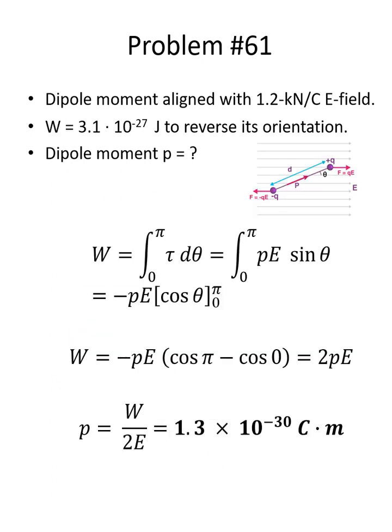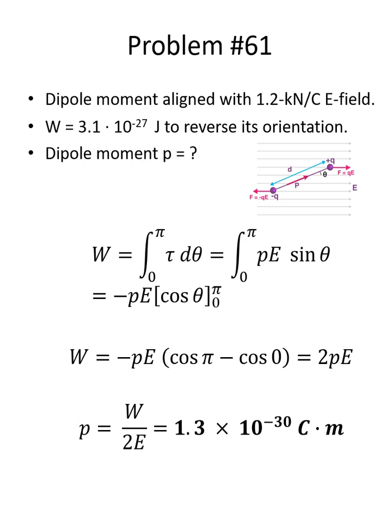So we can say that work equals, and I've just started the derivation from the beginning, the integral taken from 0 to pi of tau d theta, which is the integral 0 to pi of PE sine theta, because that's what tau or torque is. Taking that integration, we get negative PE times cosine theta taken from 0 to pi.